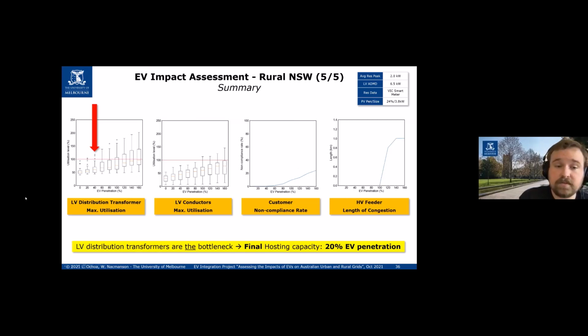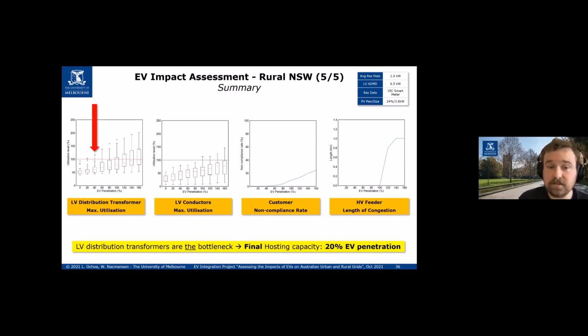And if we look at the LV distribution transformers again, we can look at just the scale of the problem once we start getting into those higher penetrations. We can see that by 100% of customers with an EV, over a quarter of the LV distribution transformers within this feeder are overloaded, and it's nearly half of them at the maximum penetration.